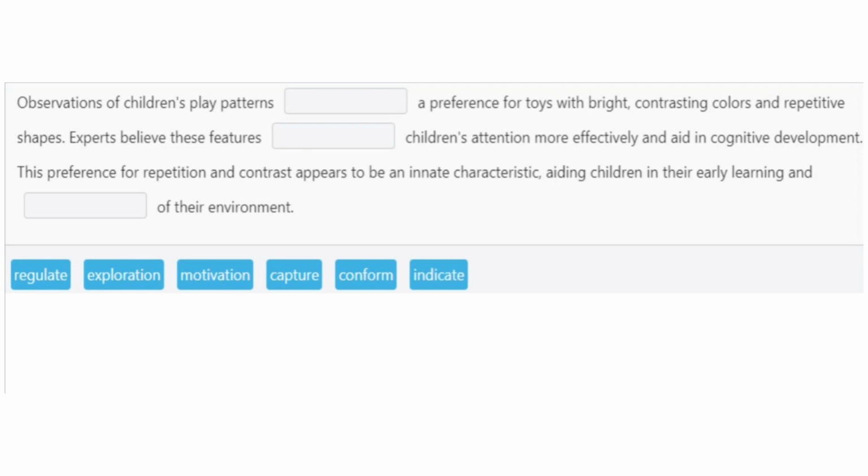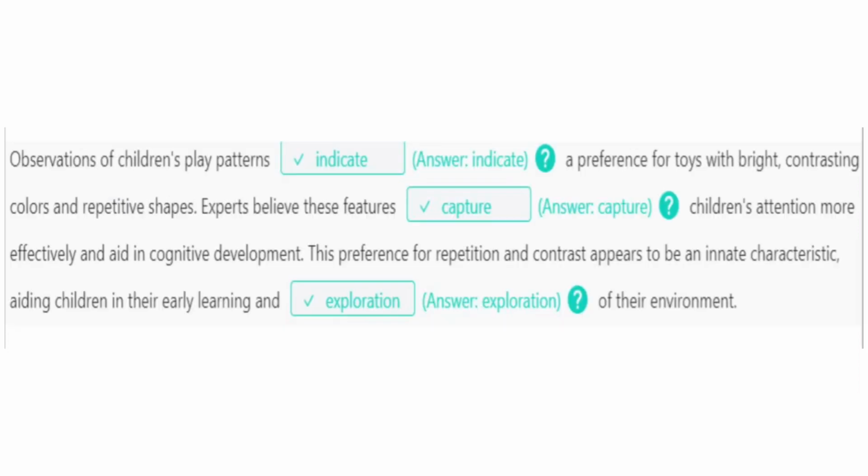Verbs are not possible because it is a subject kind of a thing for the sentence. So either it would be exploration or motivation, whichever suits better. Out of the six, we only have two options to select from. So I think I'd go with exploration of the environment. Motivation of the environment is not aiding in the early stages. Motivation is something we receive from something else.